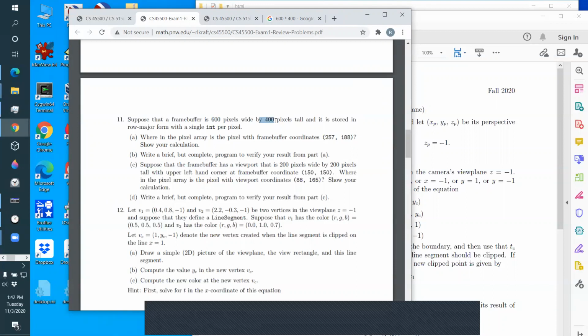And 400 pixels tall means the x coordinate goes from 0 to 399. So this coordinate goes from 0 to 399, and this coordinate goes from 0 to 599. Row, column. So they're 600 pixels wide, so that's the range for the column numbers. Right. That's the range for the row numbers.